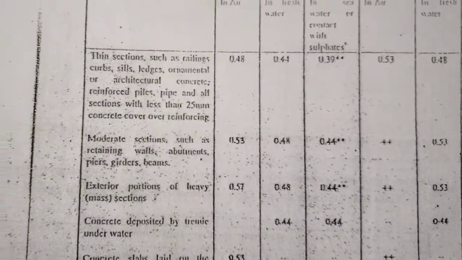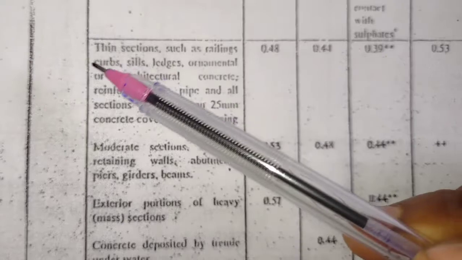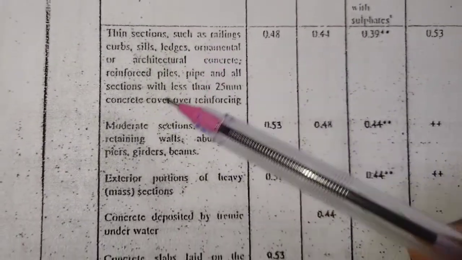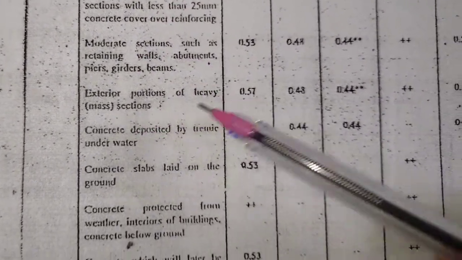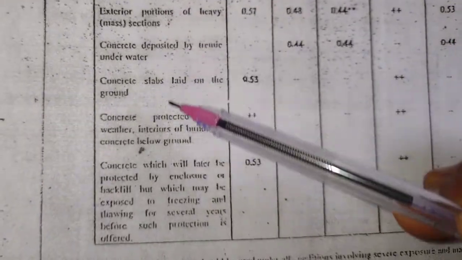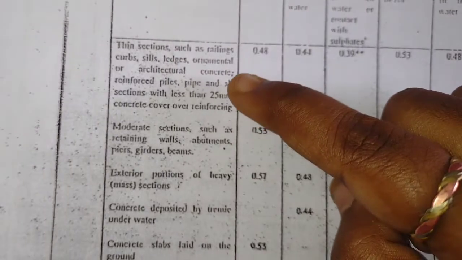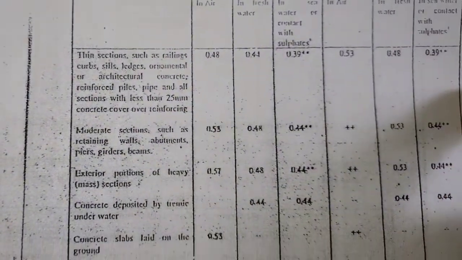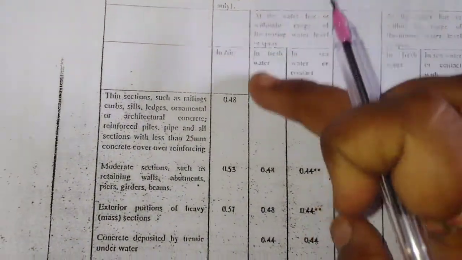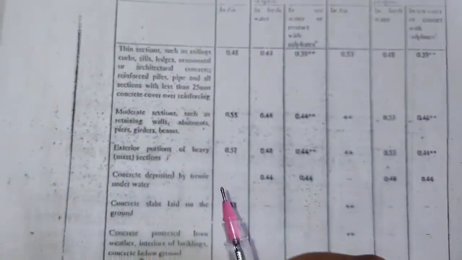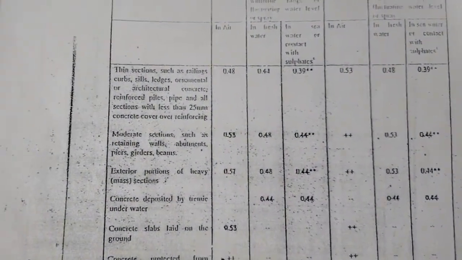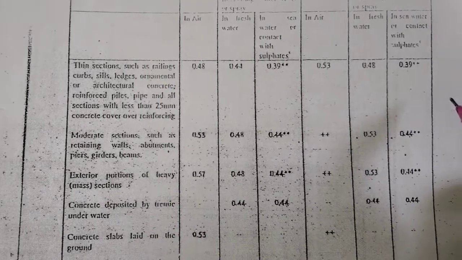We also divide it depending upon the sections: moderate sections, exterior portions of heavy mass. Depending upon the concrete we are designing, we use the corresponding water cement ratio, based on both the exposure conditions and the type of structure.